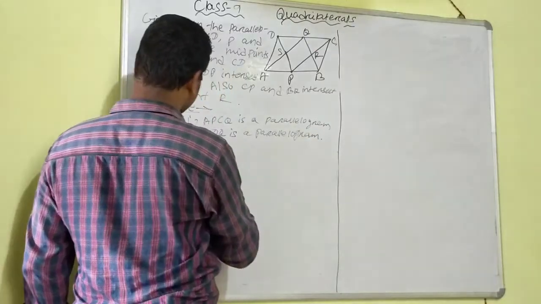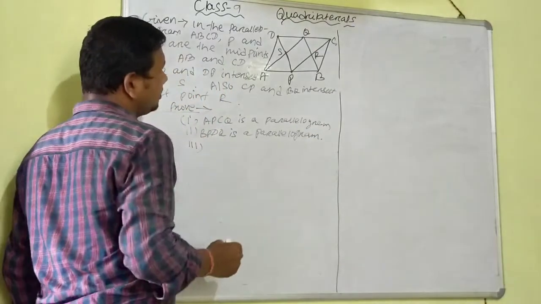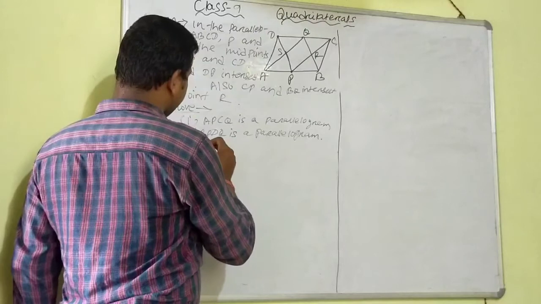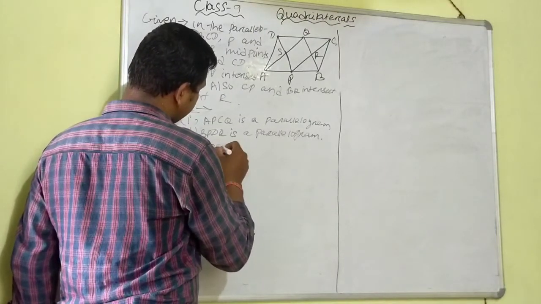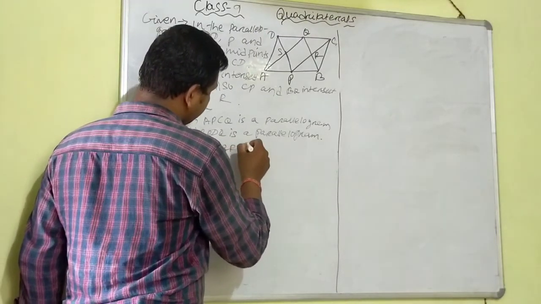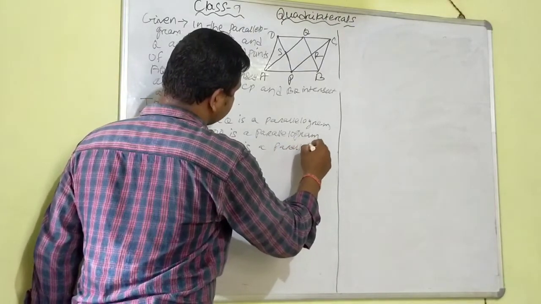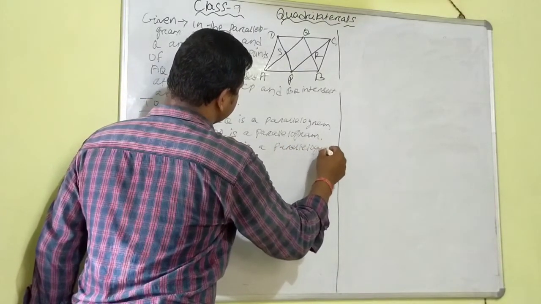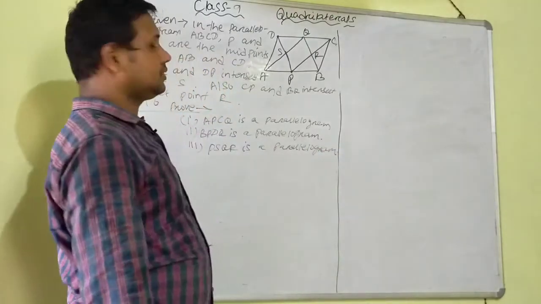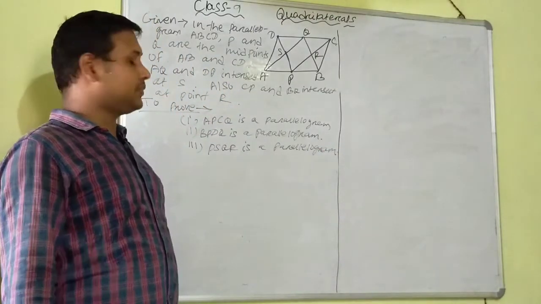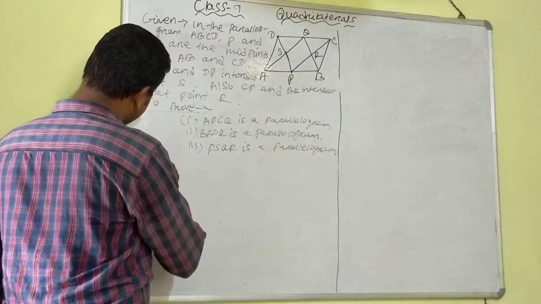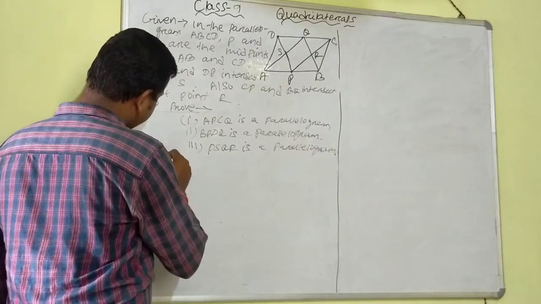And third point, PSQR is a parallelogram. Okay, then we have to prove now. Come to the proof part.